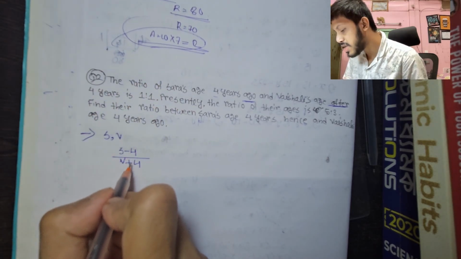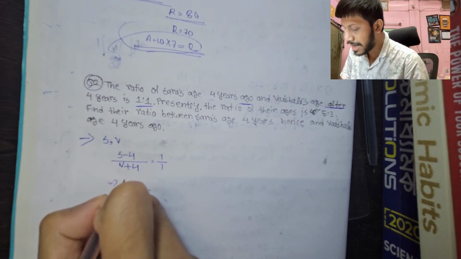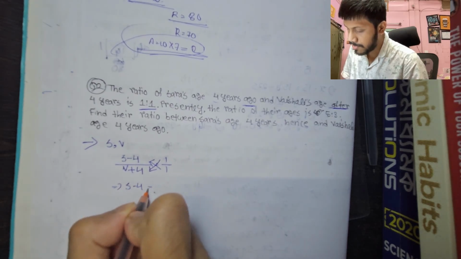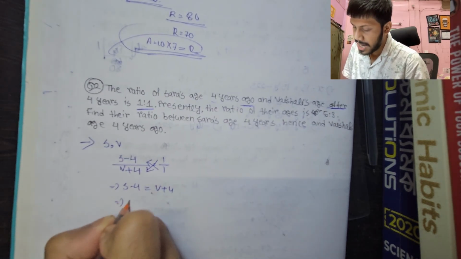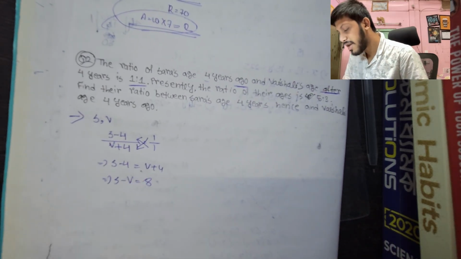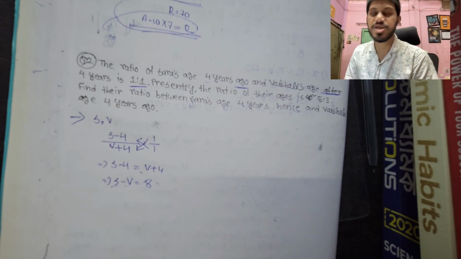I wrote it in fraction format because they have given a ratio 1:1. So cross multiplying, S minus 4 equals V plus 4. So S minus V is 8, right? The difference between Sarah's age and Vaishali's age is 8.